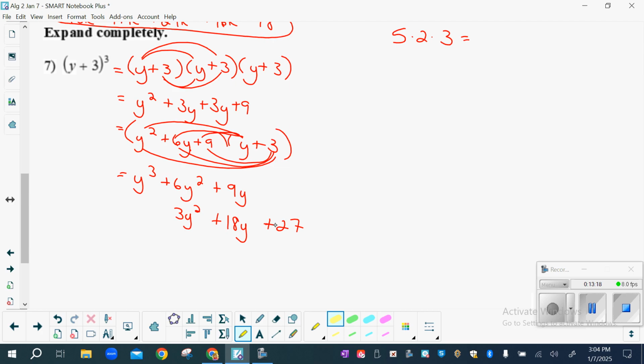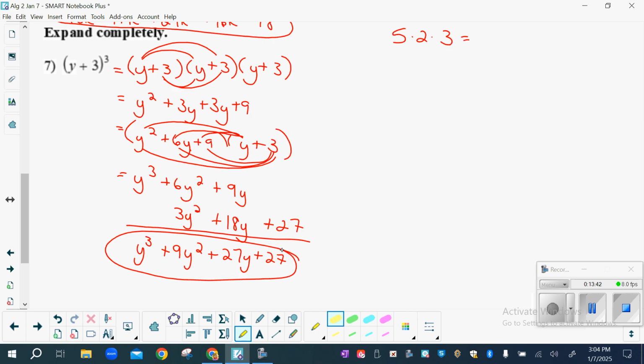Does that make sense? So I did the y times everything, and then I did the 3 times everything. Then I got this second row and I lined them up. And then I get y cubed plus 9y squared plus 27y plus 27. That's it.